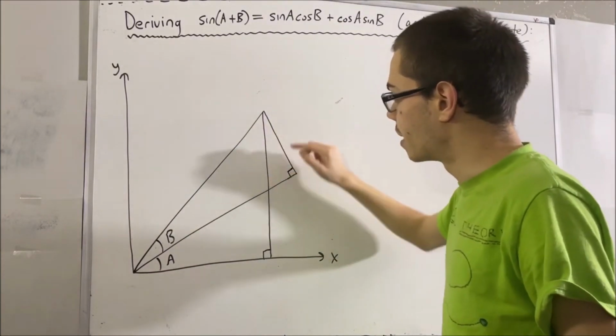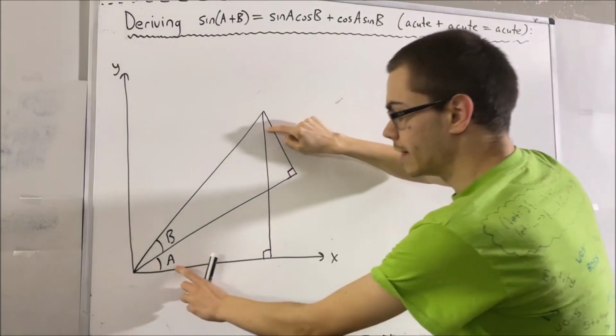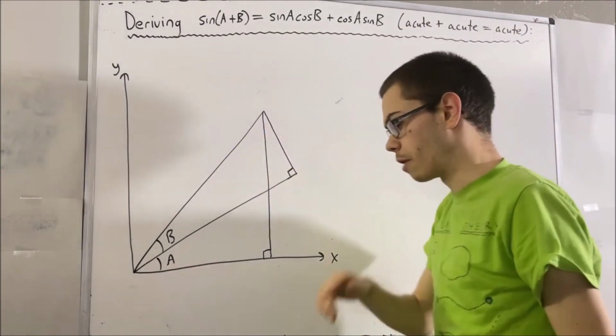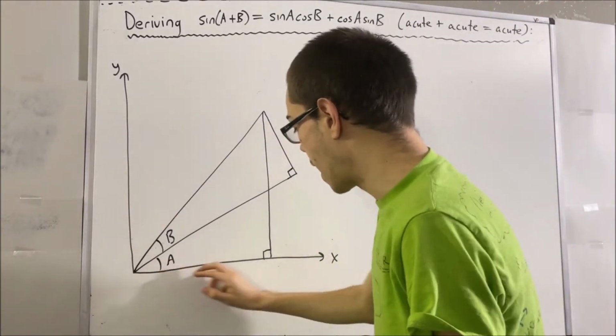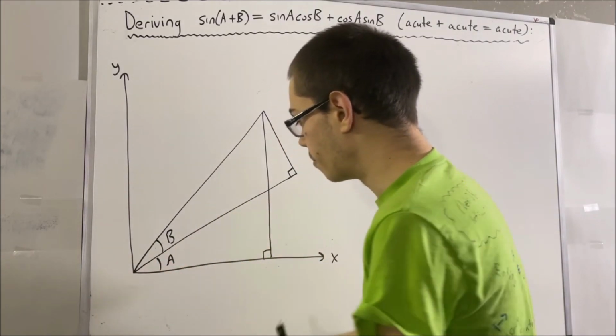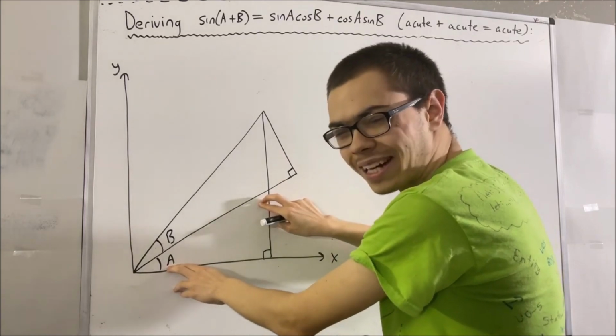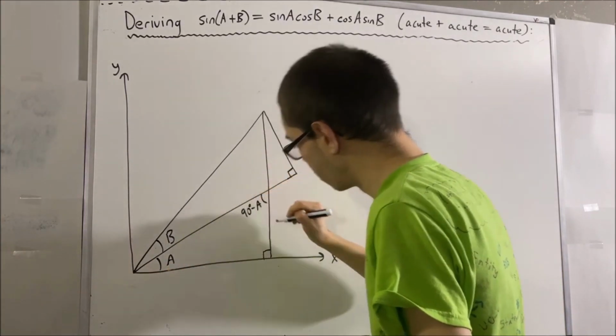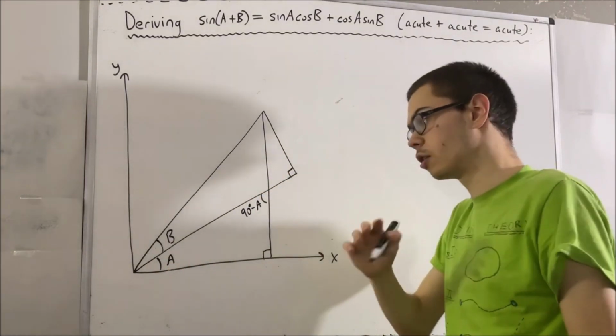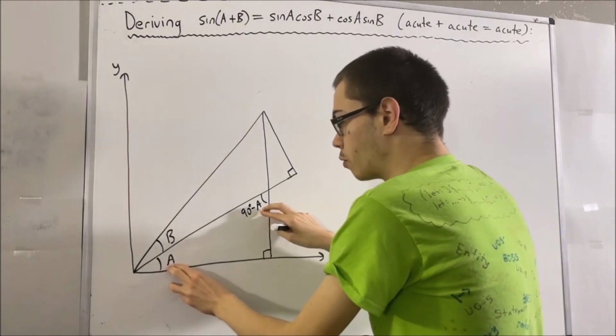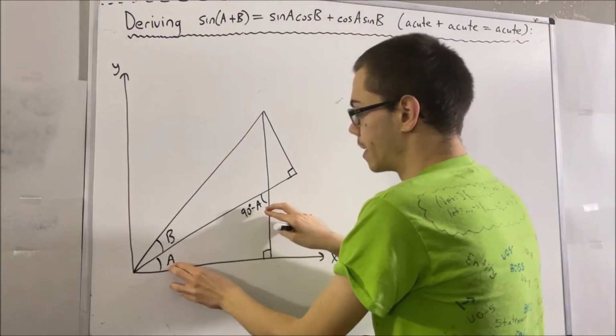And it turns out that this angle is equal to angle A. And let me prove that real quick. Notice that we have a right triangle here, and because this angle is angle A, this angle must be 90 degrees minus angle A. The reason why is, if you recall, the two acute angles of a right triangle must add up to 90 degrees.